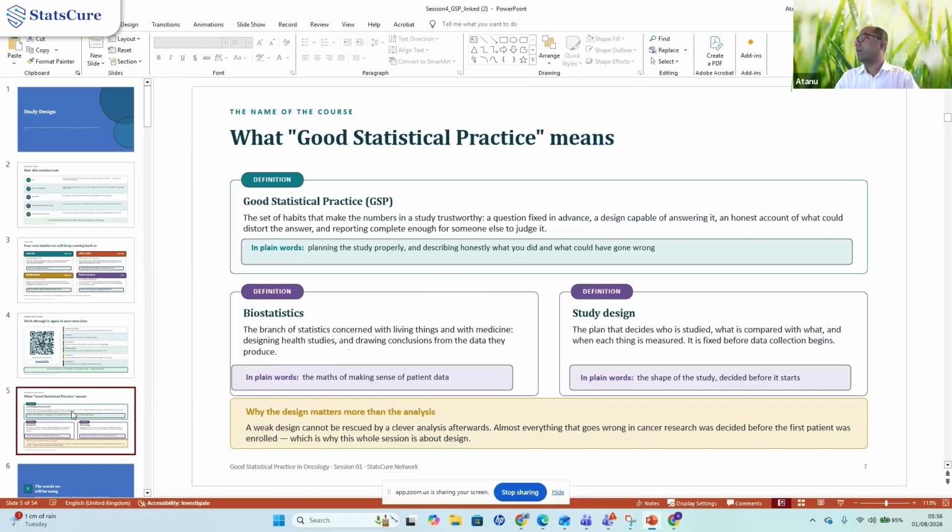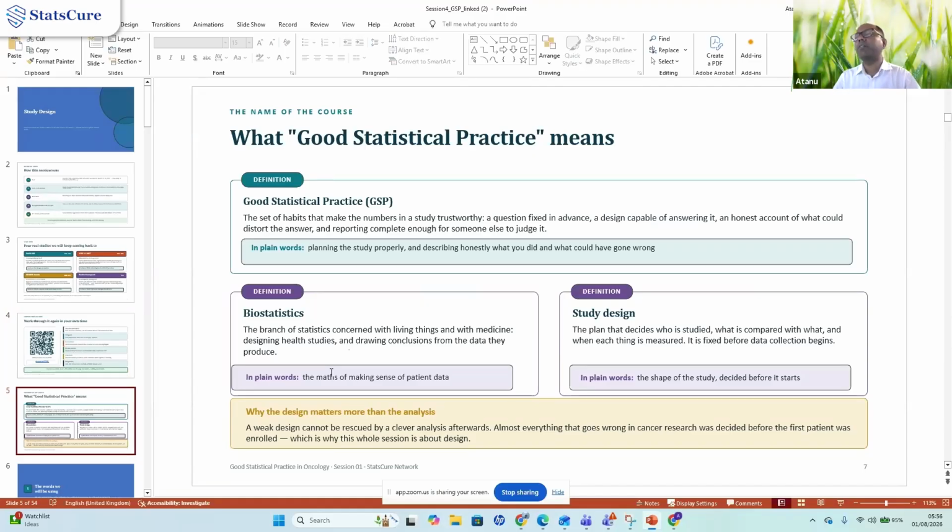What we are going to have with this GSP is basically about what is good statistical practice. It is a set of habits that makes the numbers in a study trustworthy, with the question fixed in advance. When we plan and conduct a study, statistics comes later.